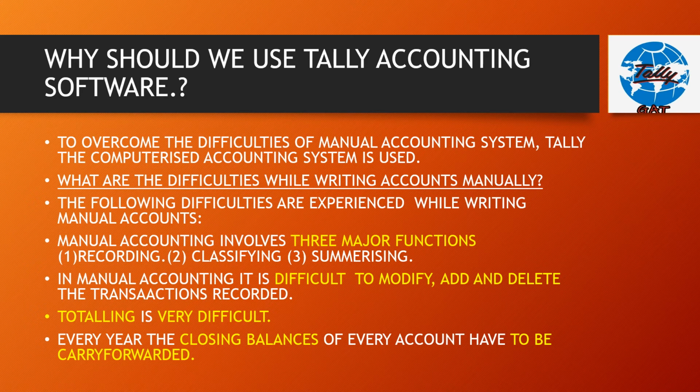Number one, recording. Number two, classifying. Number three, summarizing. In manual accounting, it is difficult to modify, add and delete the transactions recorded. Totaling is very difficult in manual accounts. Every year the closing balances of every account have to be carried forward in manual accounts.